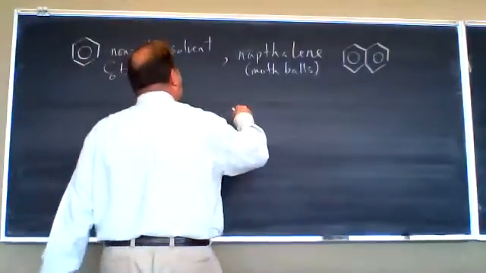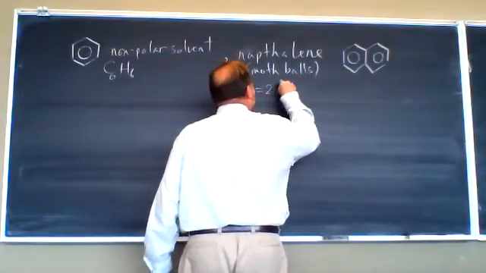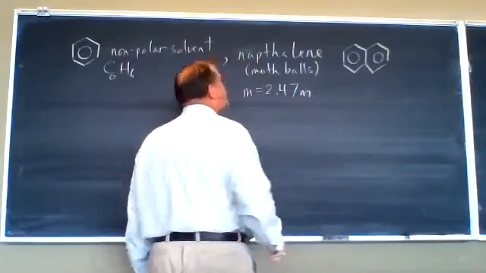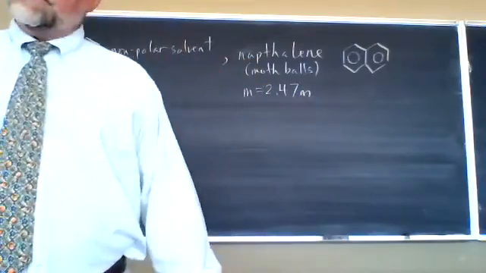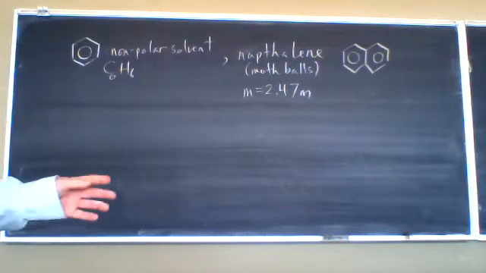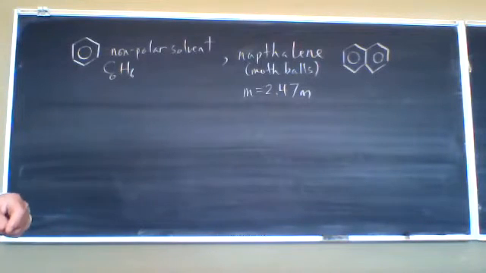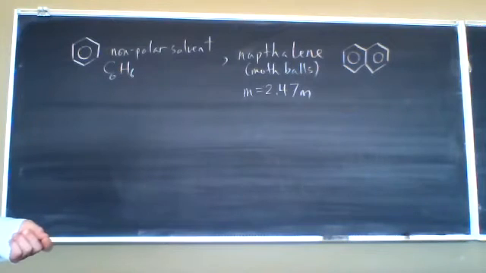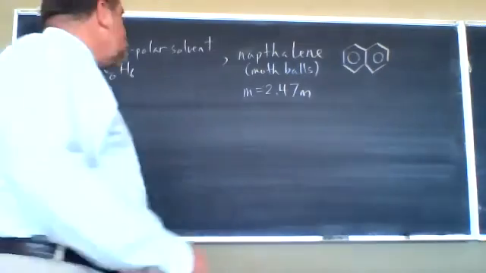And so let's work with a solution that is 2.47 molal. Now, based on this, we want to calculate both the freezing point and the boiling point for benzene once we make a solution of naphthalene and benzene.